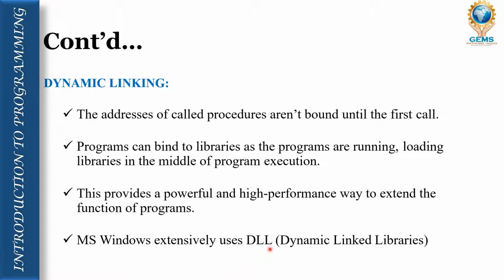For example, if your computer is affected by a virus and unfortunately some files are missing, then while opening your system you will get a pop-up window saying that your DLL file is missing. A DLL file is nothing but a dynamic link library file. So this concept is mainly used in Microsoft Windows.